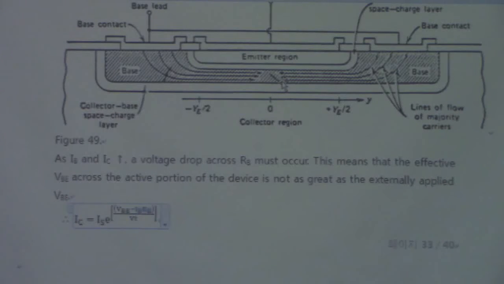Now, we are in a dilemma. If you want to reduce the base resistance, then you have to increase the dopant concentration in the base.